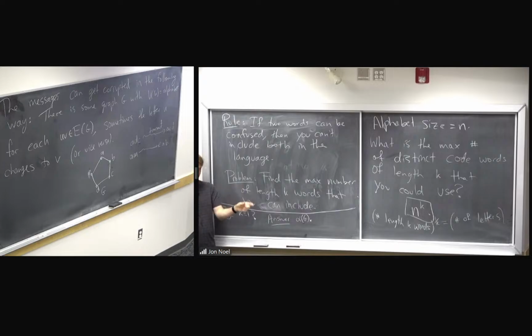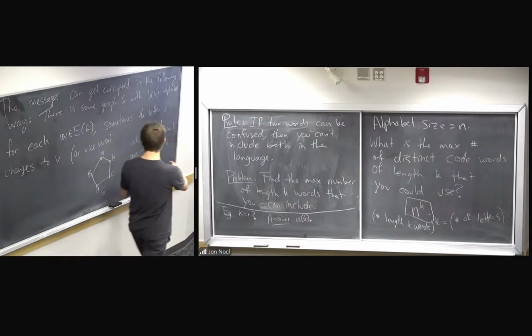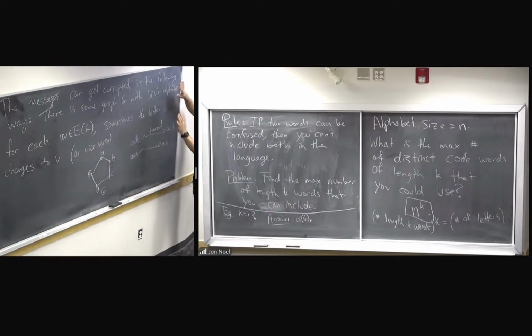If 2 words can be confused, put an edge, because I'm not allowed to take both of them. So, for example, for the length 3 words, I'd have an edge between these things, and all the different pairs that can be confused. Then all I would be doing is finding the biggest independent set in that graph, because I want a bunch of words that cannot be confused, right?